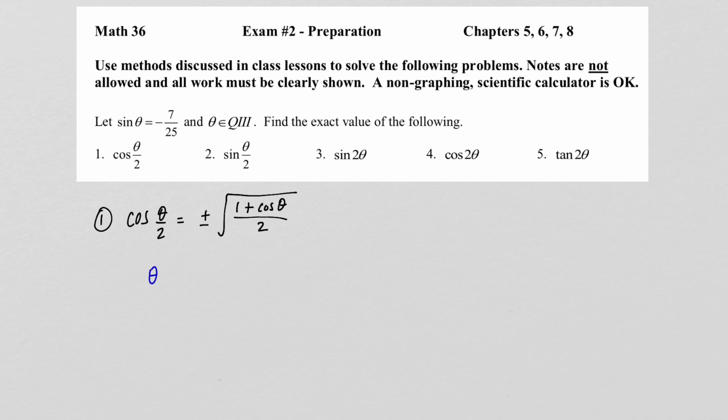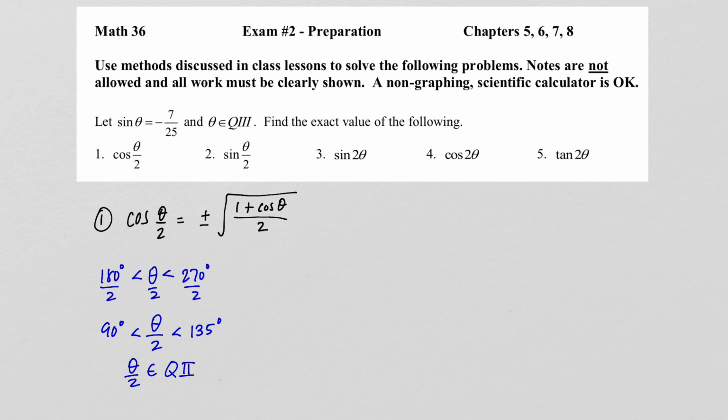So theta must be an angle between 180 degrees and 270 degrees. If we divide all of these numbers by 2, we can see that theta over 2 must be an angle between 90 degrees and 135 degrees. And this means that theta over 2 must be in the second quadrant.